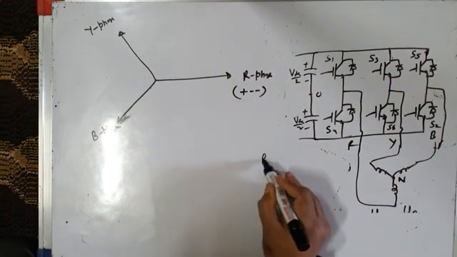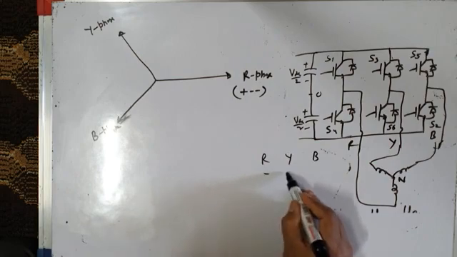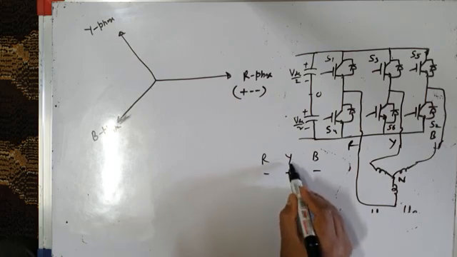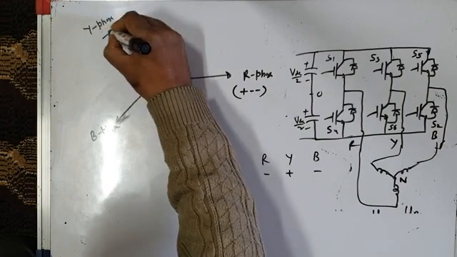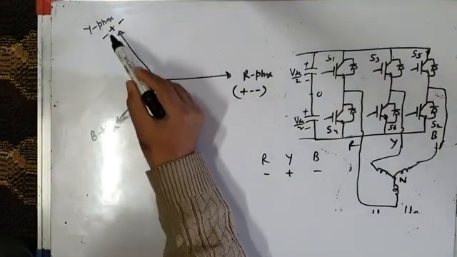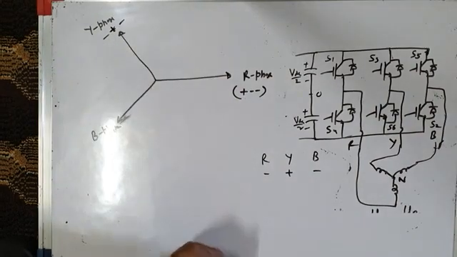Y. So this is my R, this is Y, this is B. So my switching state will be minus plus minus, because along the Y phase axis, voltage Vy will be at its maximum value.